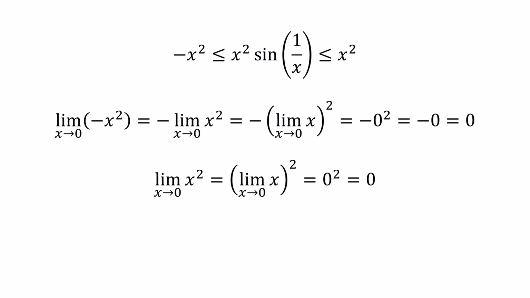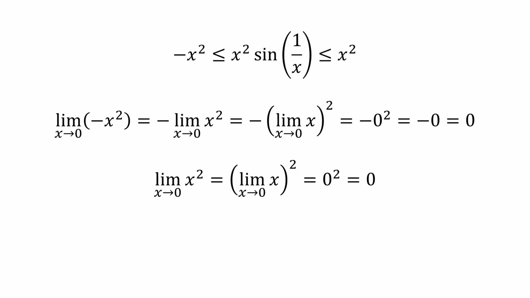the limit as x approaches 0 of x² equals 0² equals 0.